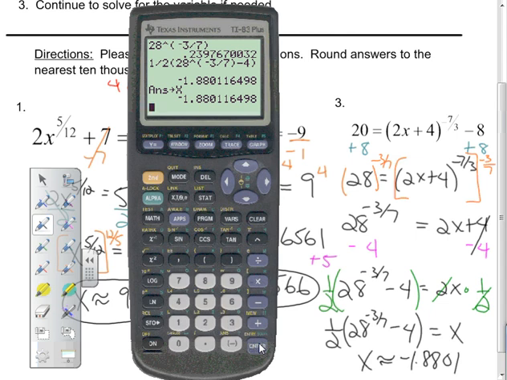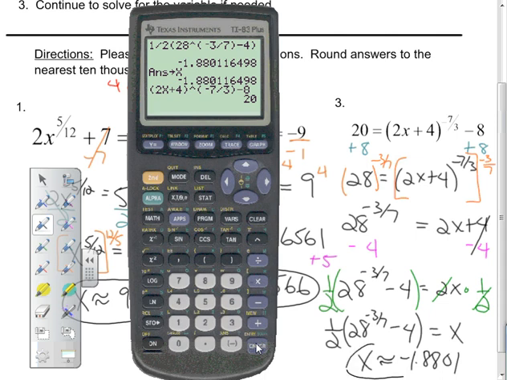So I'm just going to go back to the original problem and say, is it the quantity of 2x plus 4, excuse me, raised to the negative 7/3, right? Minus 8 hopefully will give me a result of 20, which is great because I would hate to have to start this video from the beginning to get it all correct. So I feel good about this answer as well, okay?